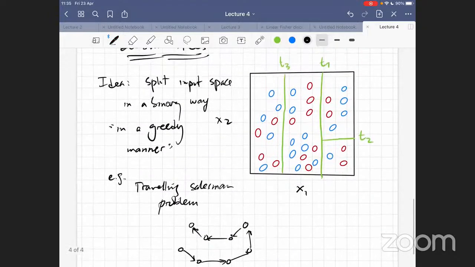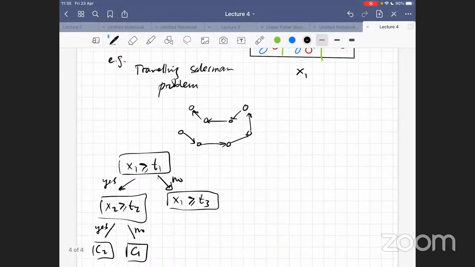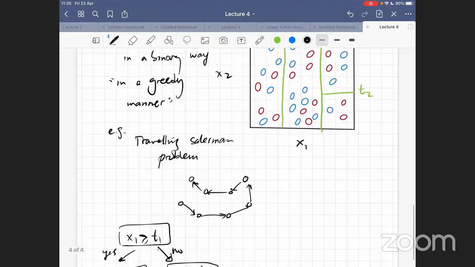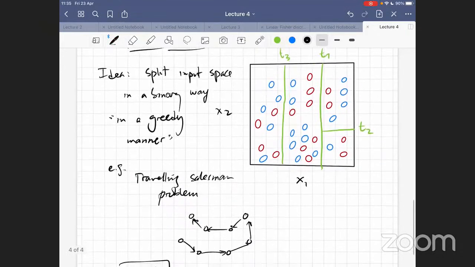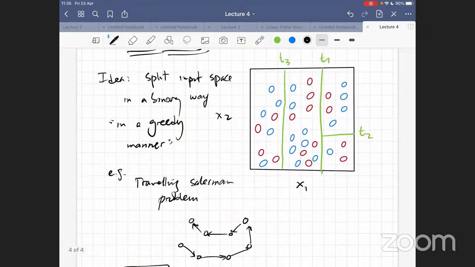And if on the other hand I am on this part of the tree, x1 larger or equal to T3, then what can I say? If it is larger than T3, I can, for example, have this split here. So this may be T4. And if it is smaller than that, I can have, for example, T5.